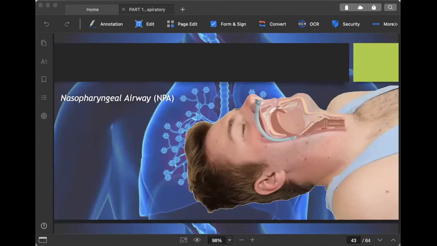Your nasopharyngeal airway can be used with patients who are conscious or semi-conscious. For example, a semi-conscious patient may need an NPA because they are at risk for airway obstruction, but cannot have your OPA, because your OPA, again, will stimulate your gag reflex.